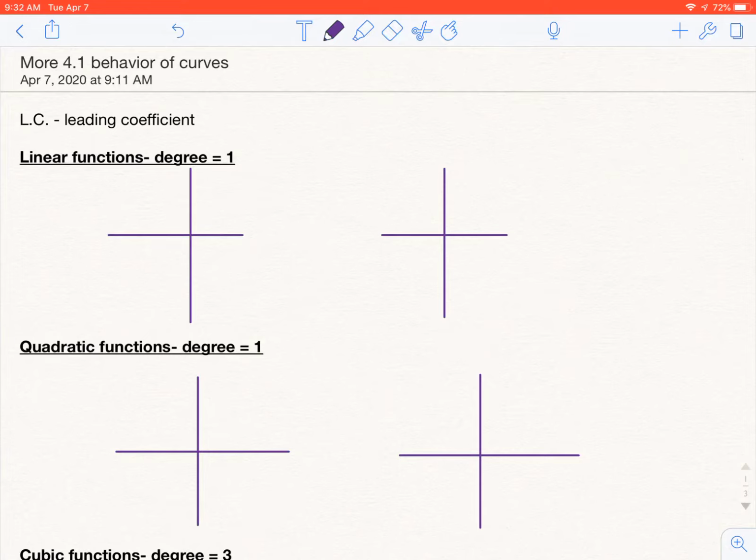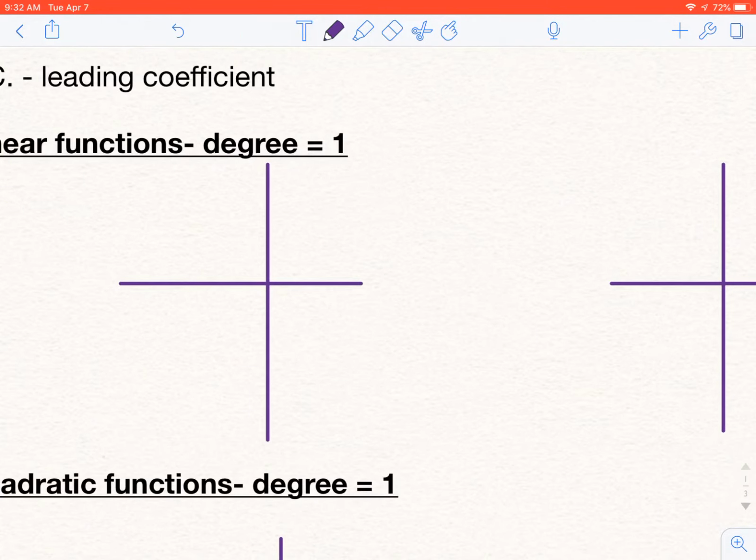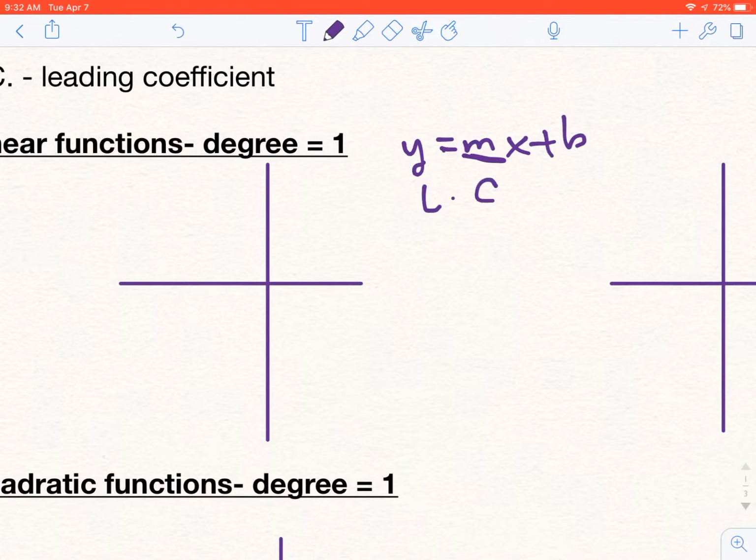So if my leading coefficient, which is my slope, remember, for linear functions, y equals mx plus b is our most common form of it. M is our leading coefficient. And so if m is positive, we know that we have a line that goes in this kind of direction.